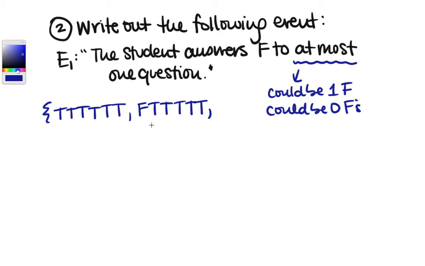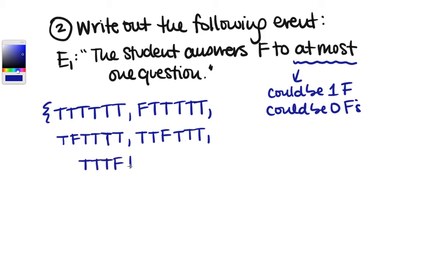And I like to think about it, okay, let's make that F first, and then let's write down all the possibilities, moving it 1 to the right every time. So it could be first, it could be second, it could be third, it could be fourth, it could be fifth, or it could be last.